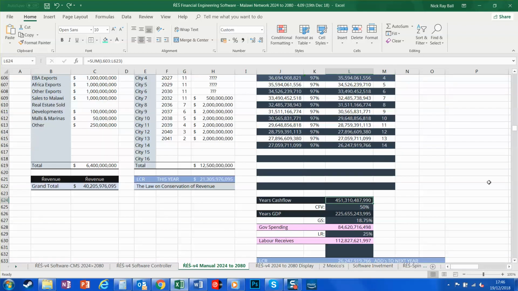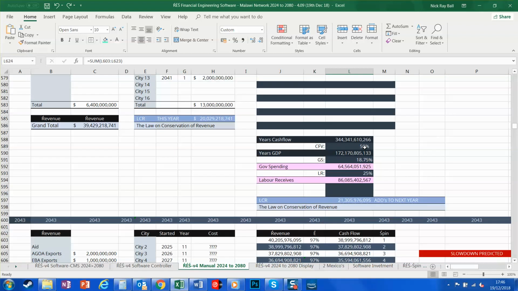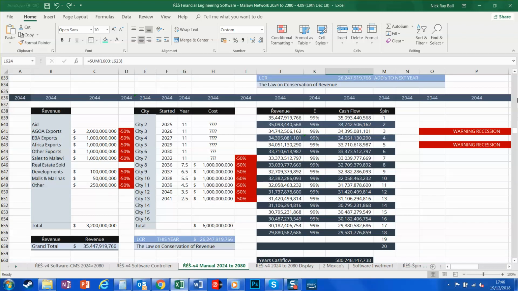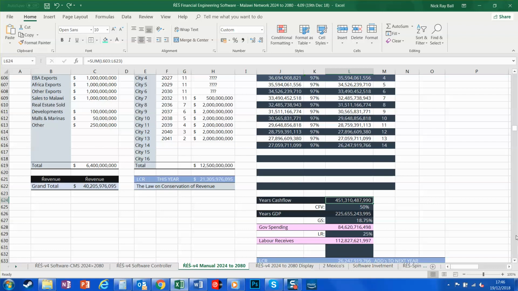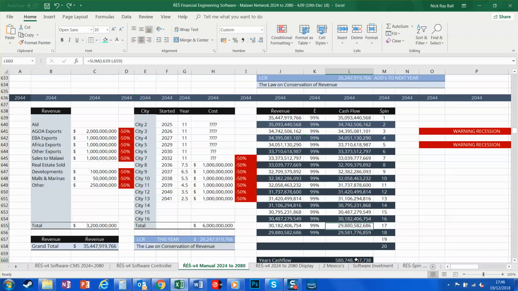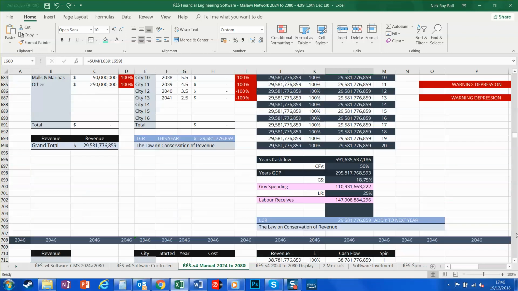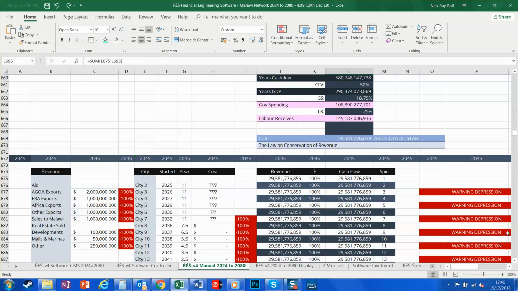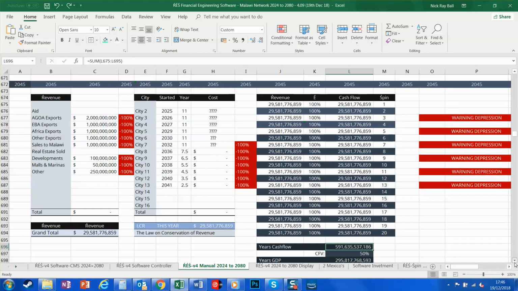And we can see, even though we're hitting a recession, we're actually having the largest gains in cash flow. 451 to 580, keeping that there at 590, which isn't bad considering we've lost all of our E.